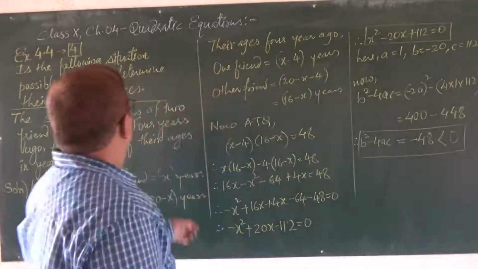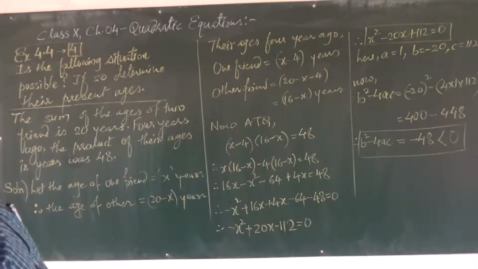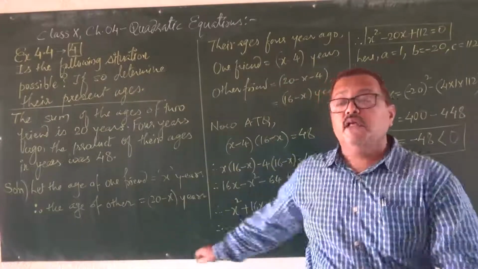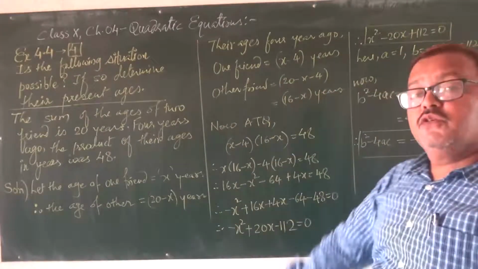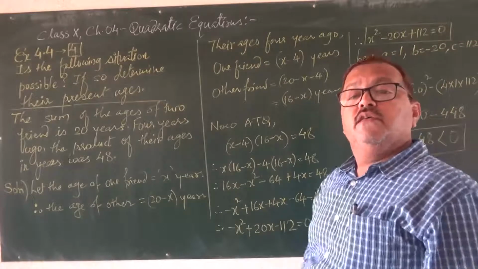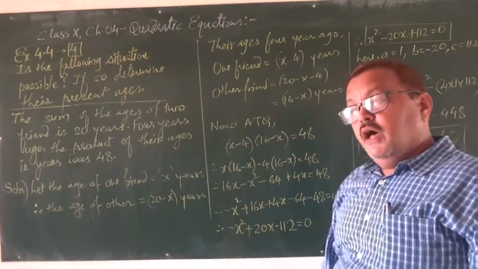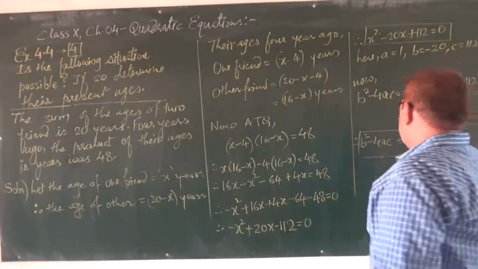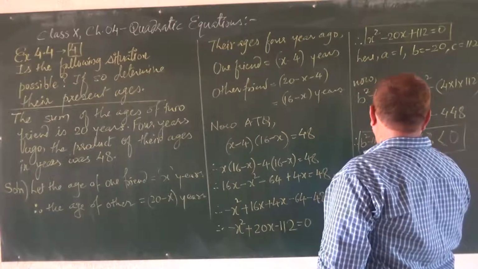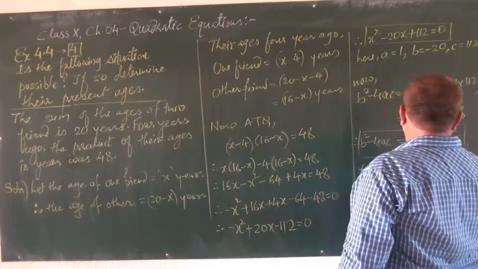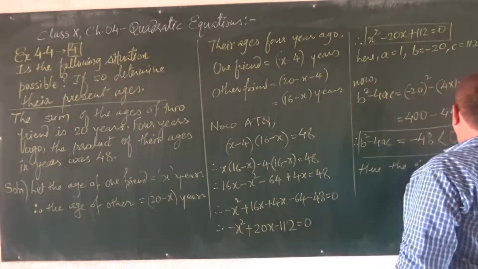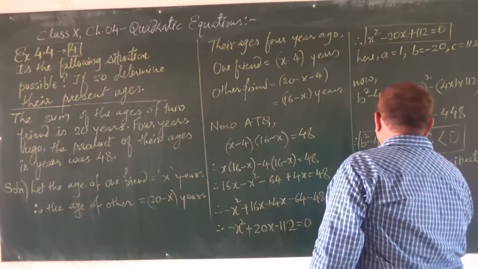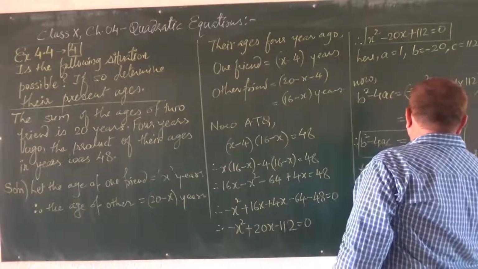So is the following situation possible? They are asking. No. According to the data we are getting, b square minus 4ac is less than 0, and it tells us that this situation is not possible. So here the given situation is not possible.